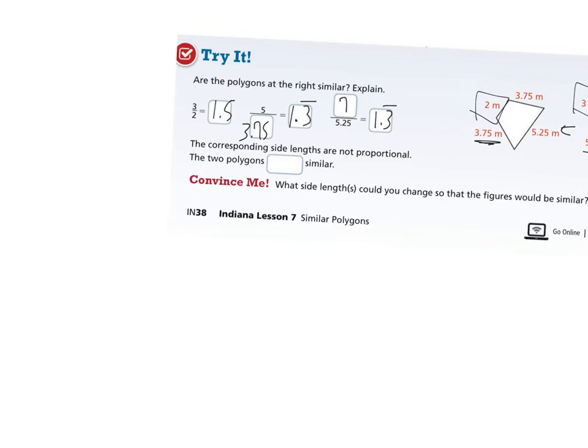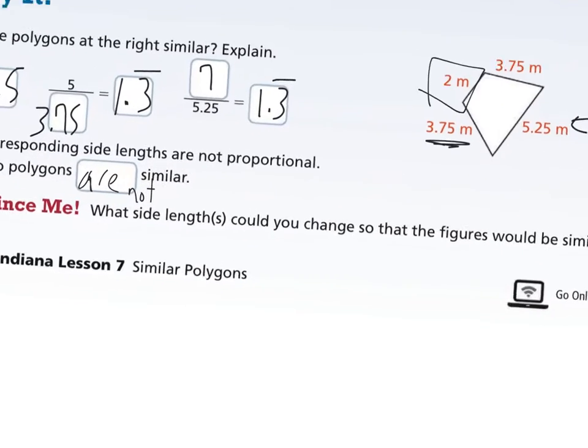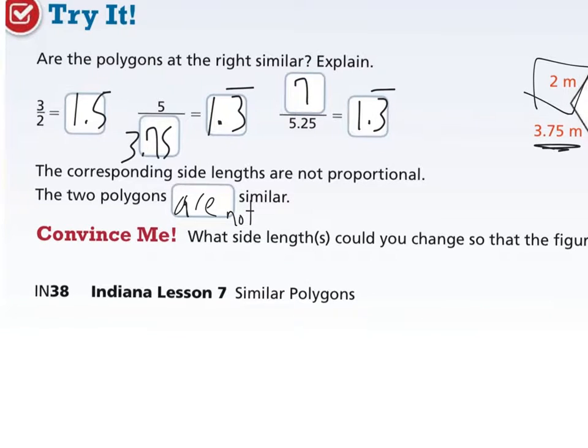When you divide these, if these are not all the same, then this is not going to work. So you can see these are not all the same, they're not proportional, so the two polygons are not similar. If they were all the same, then they would be similar.